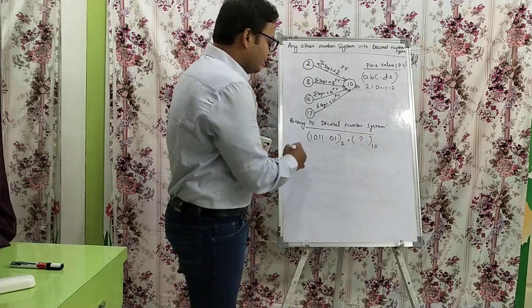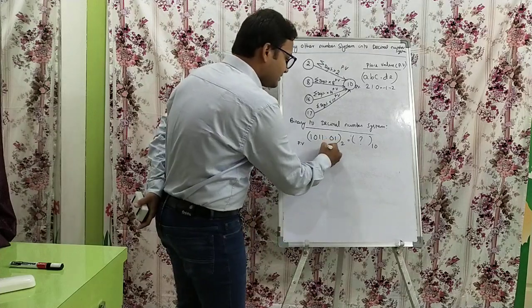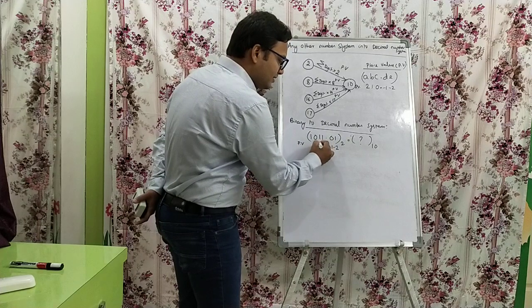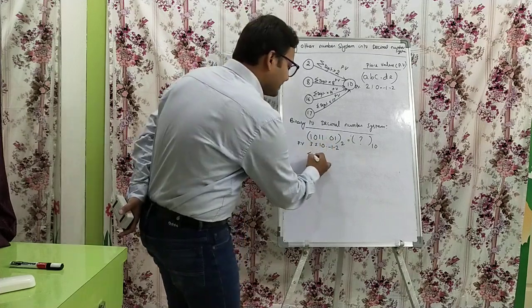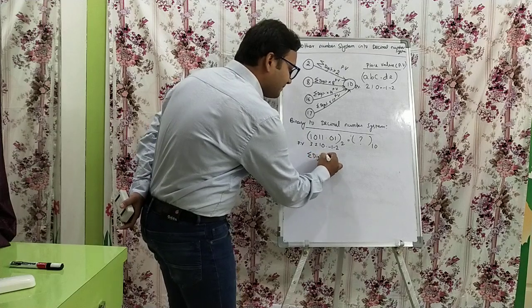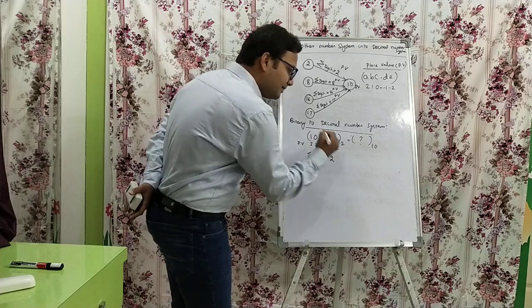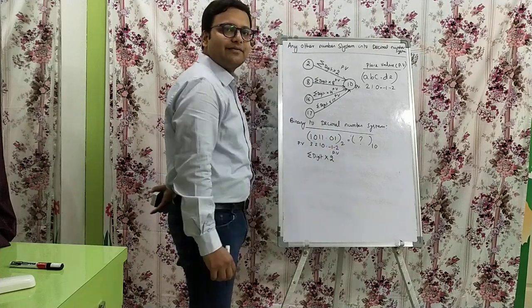Again, first find out the place value: minus 1, minus 2, then 0, 1, 2, 3. After that you take the formula, digit multiplied with the base to the place value of each digit.